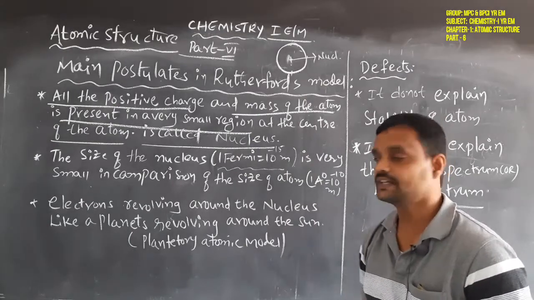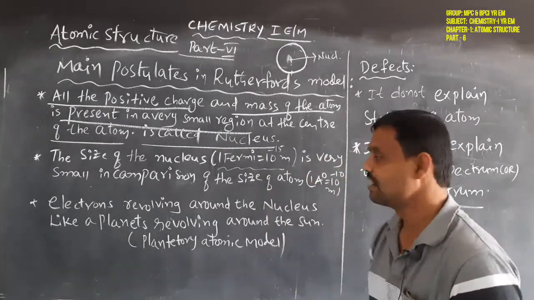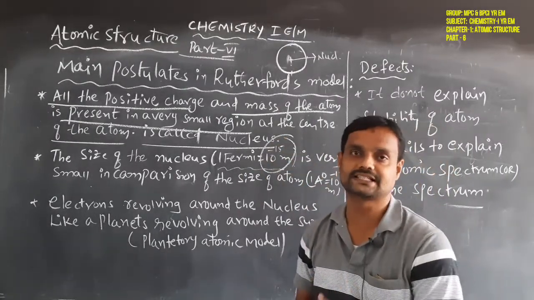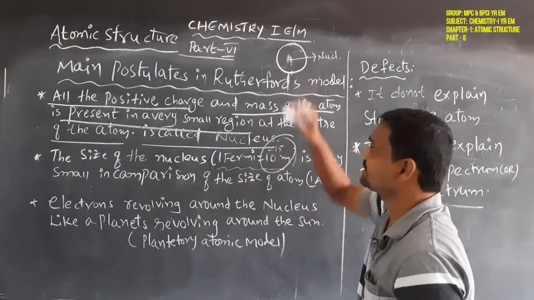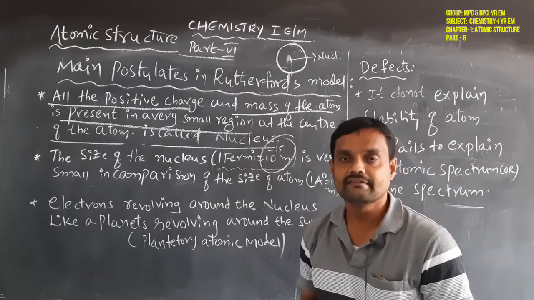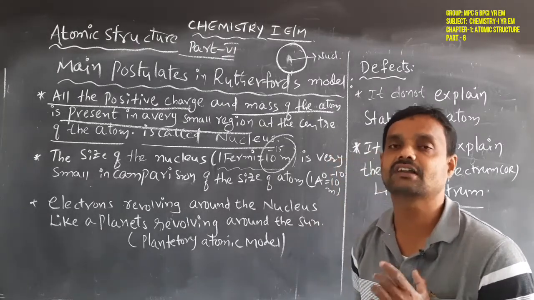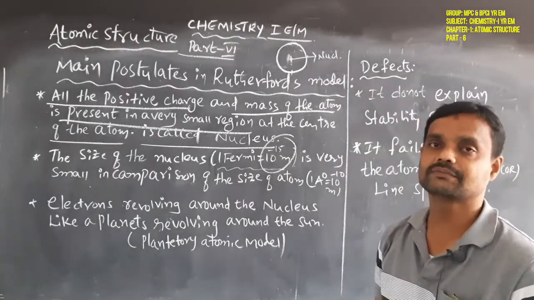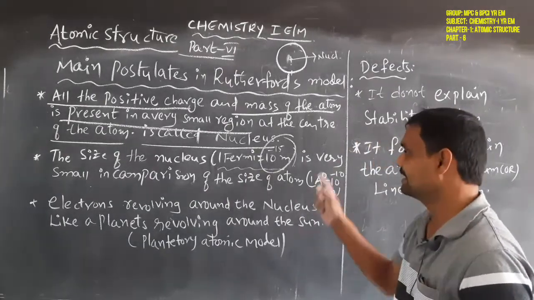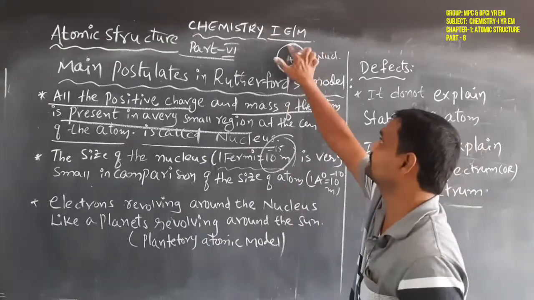For example, here the nucleus size is equal to 1 Fermi. 1 Fermi is nothing but 10 to the power of minus 15 meters. So according to the Rutherford atomic model, the nucleus is very small in size, nearly 1 Fermi, compared with the size of the atom.